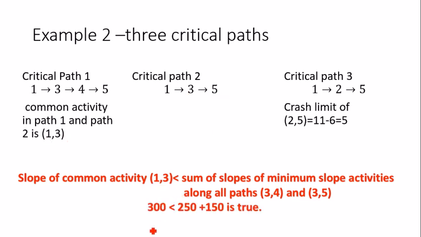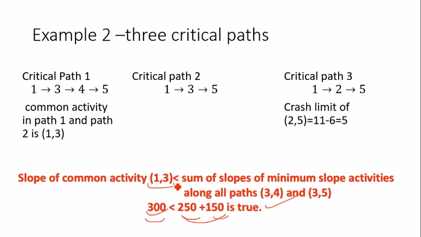So their values are 250 plus 150, which is 400, and 300 is definitely less than 400. So this condition is true. Therefore it is profitable to compress the common activity 1 to 3 instead of doing it the other way around. That is how we have to make a wise decision.